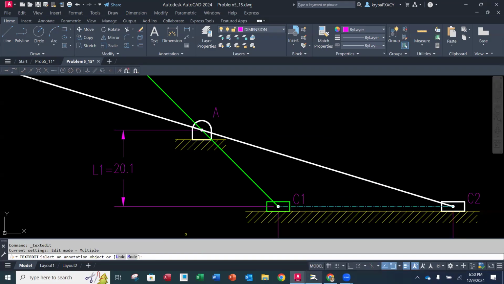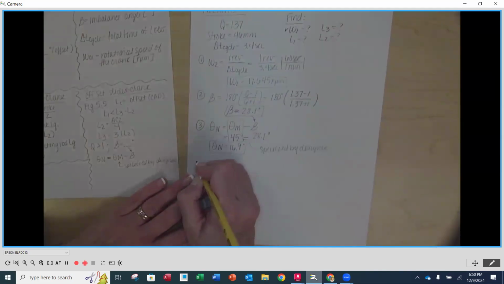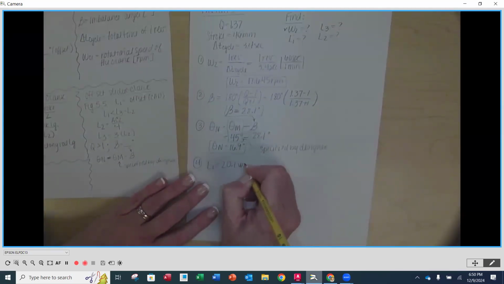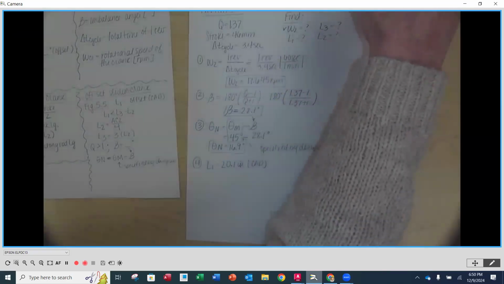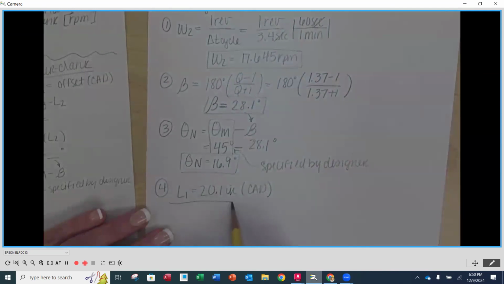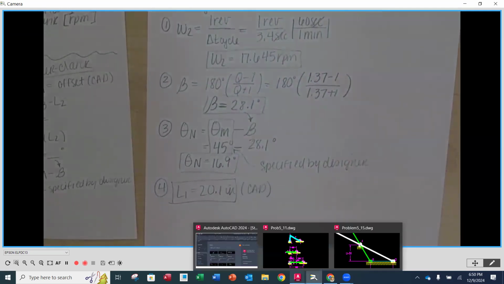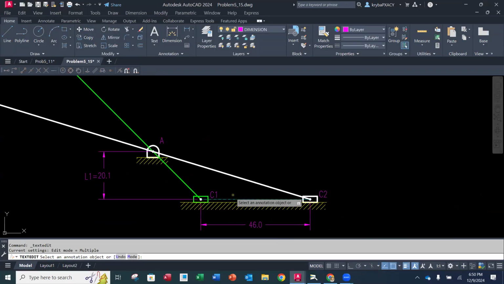So now if I go back underneath, I can say step number 4, L1 is equal to 20.1 inches. And I got that from CAD. That's how we got it. We didn't calculate it. We generated it based on those angles. So I'm going to let you catch up with this and make sure you get the L1 equal to 20.1.